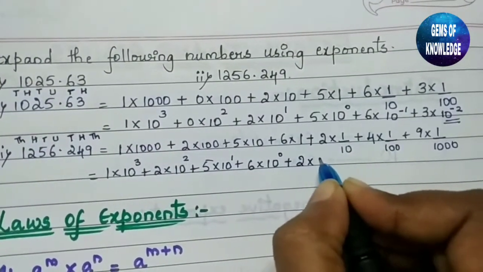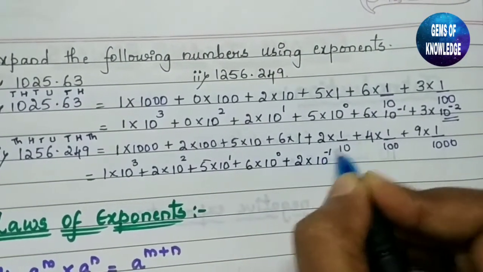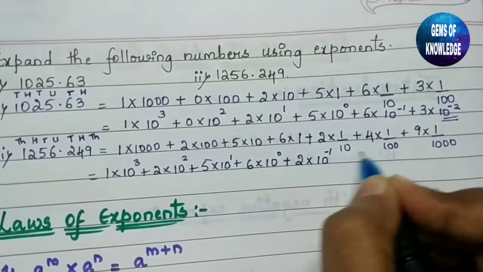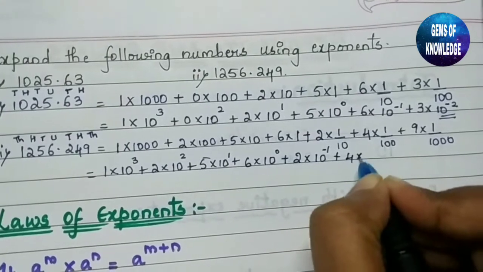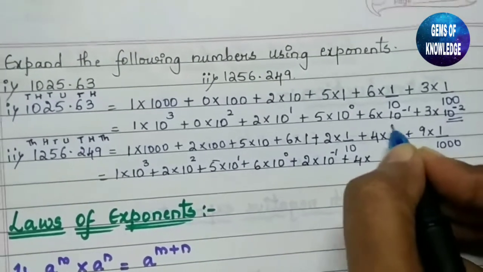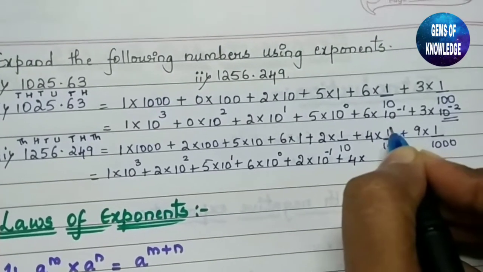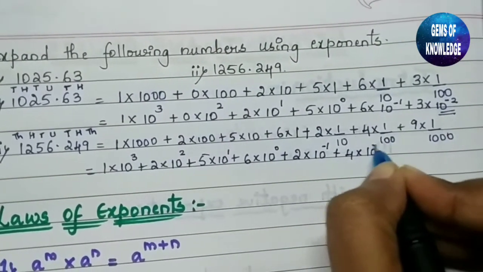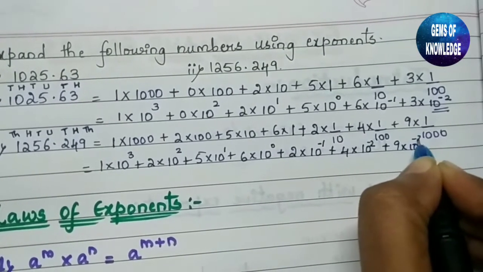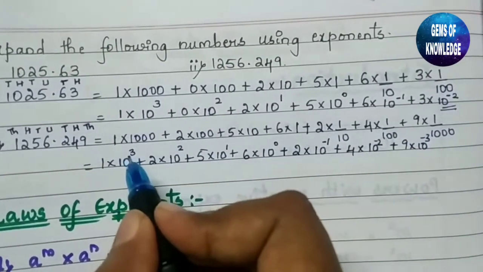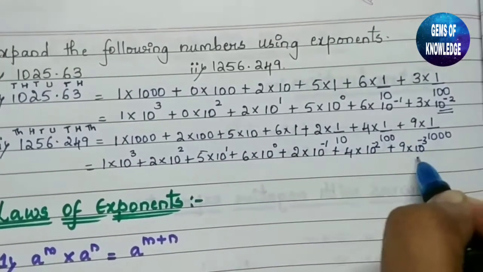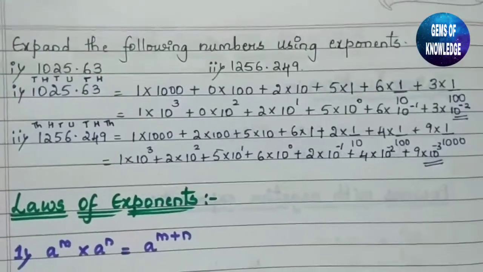So we write 2 into 10 to the power of minus 1, plus 4 into 100, which is 10 to the power of 2, so if we move this to the upper part it becomes 10 to the power of minus 2, plus 9 into 10 to the power of minus 3. As you can see the powers here: 3, 2, 1, 0, minus 1, minus 2, minus 3. So that is the answer here.